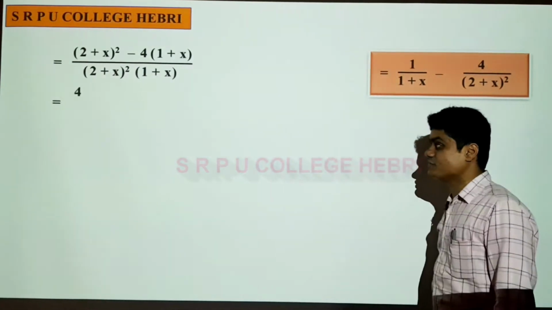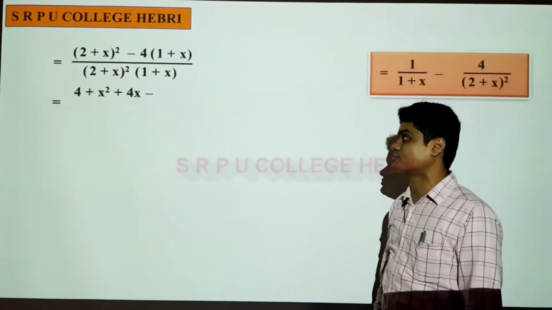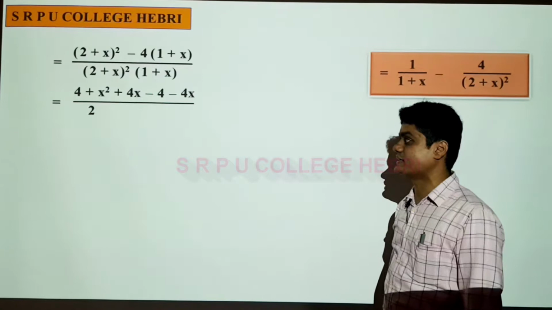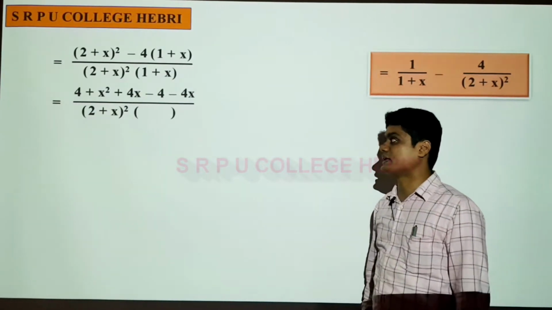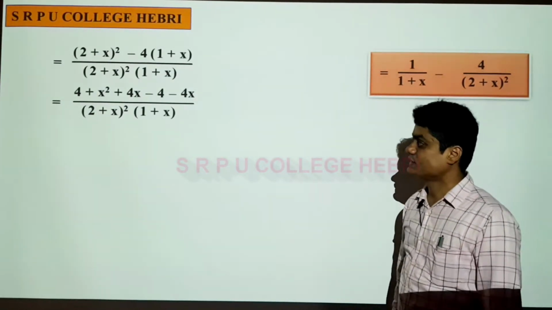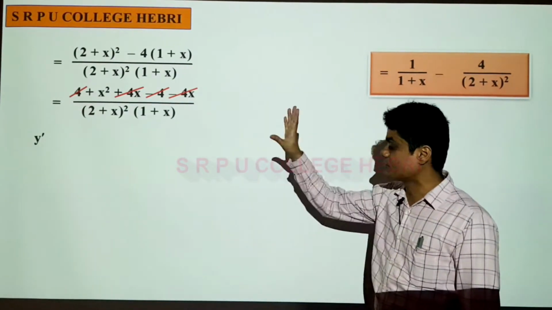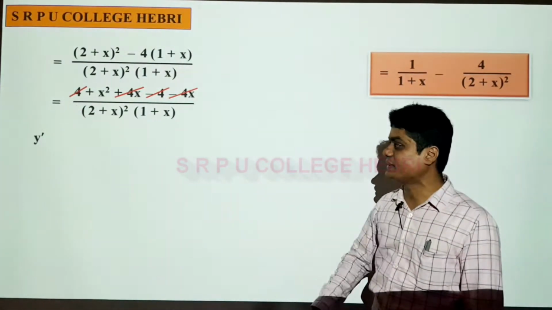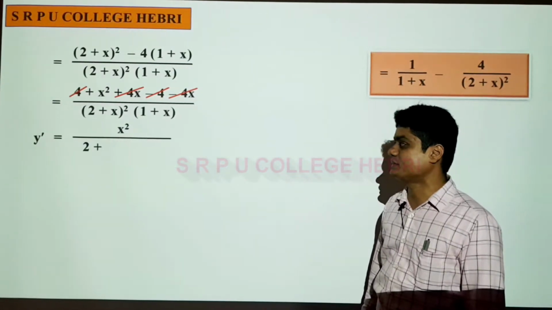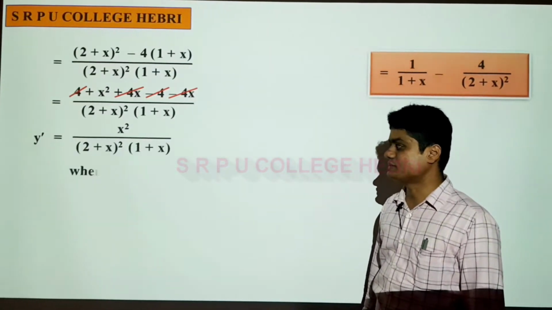Continue simplification. 4 plus x square plus 4x minus 4x divided by 2 plus x whole square into 1 plus x. Here plus 4x minus 4x cancel, plus 4 minus 4 cancel. Only remaining is x square by 2 plus x whole square into 1 plus x.